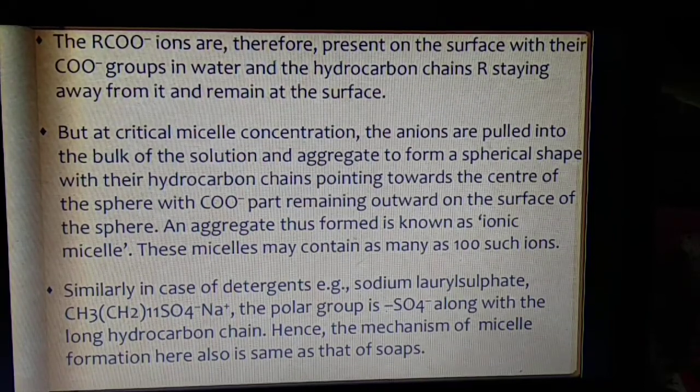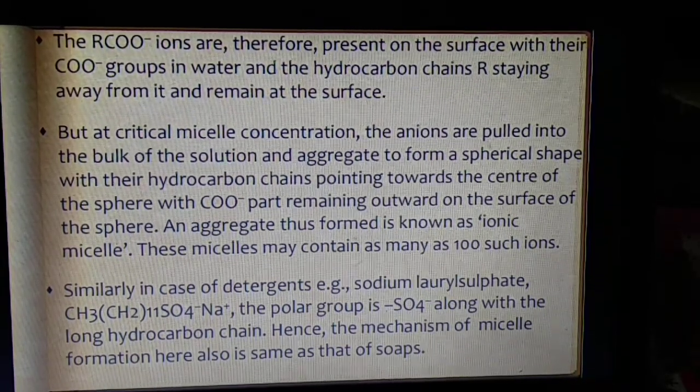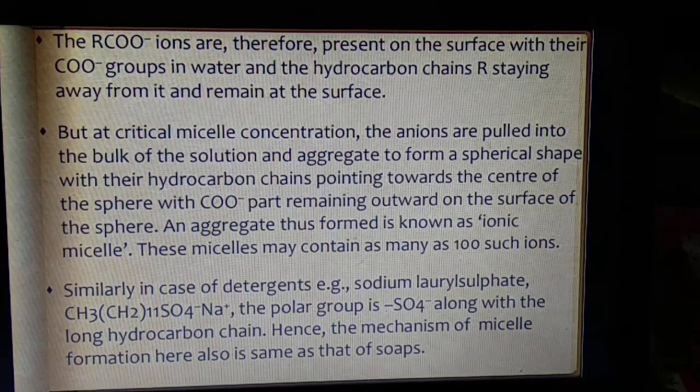The polar group is SO4⁻, whereas the polar group in soap is COO⁻, along with the long hydrocarbon chain. Hence, the mechanism of micelle formation here is the same as that of soap. So what is a detergent? It is the sulfate salt, the sodium or potassium salt of a higher fatty acid alcohol.